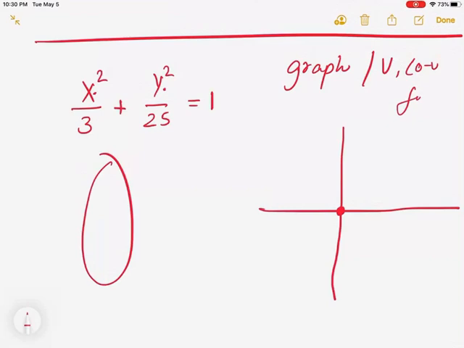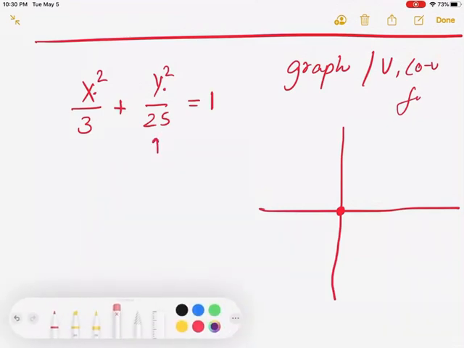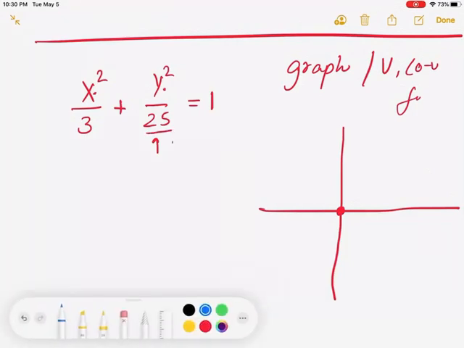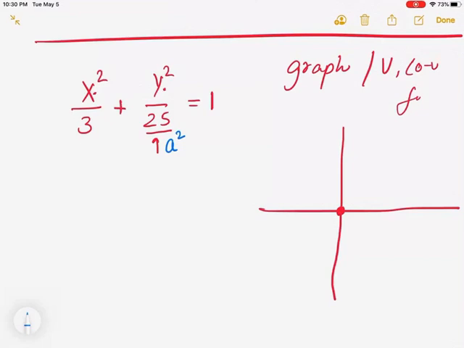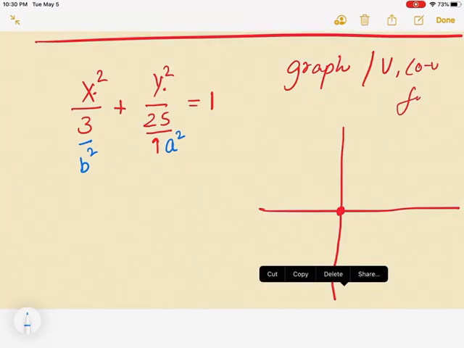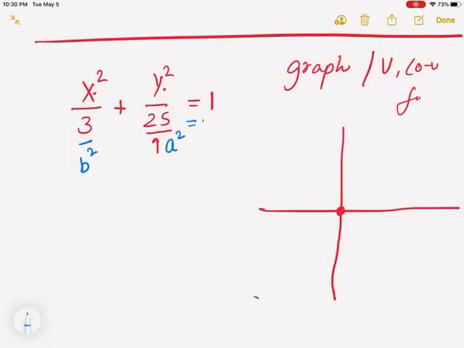The y squared has the bigger number, so that tells me the direction of the major axis. Remember, this number is going to be your a squared and this is b squared. But in order to see it on the graph, you just need the a and b values, not the squares. So what would be your a value? a is 5.